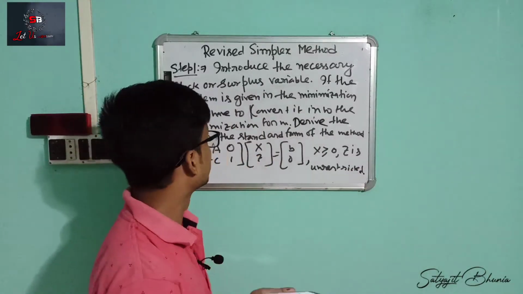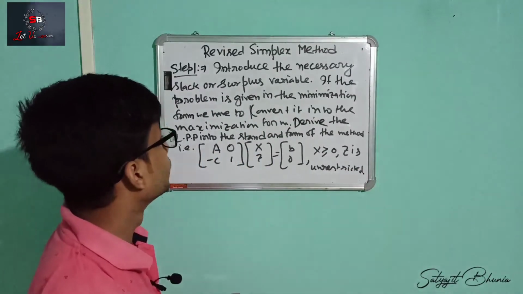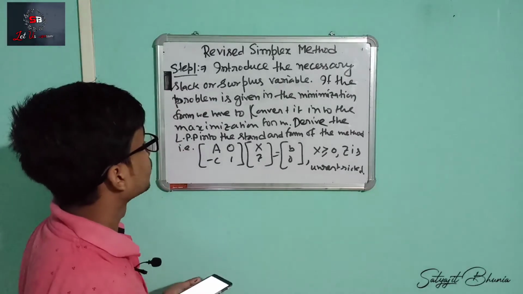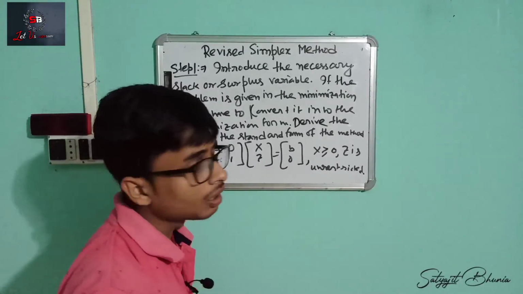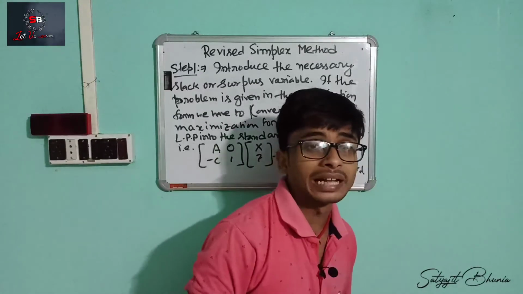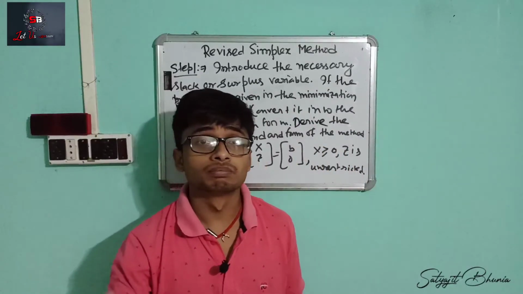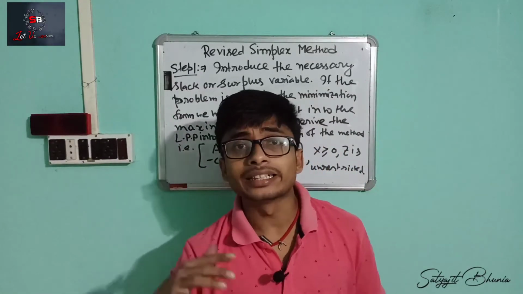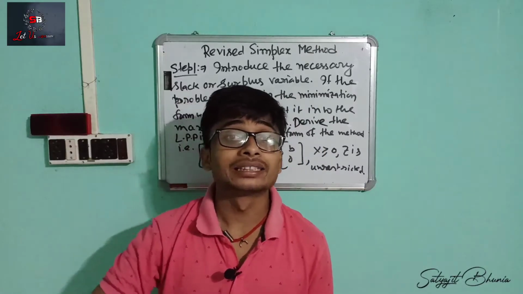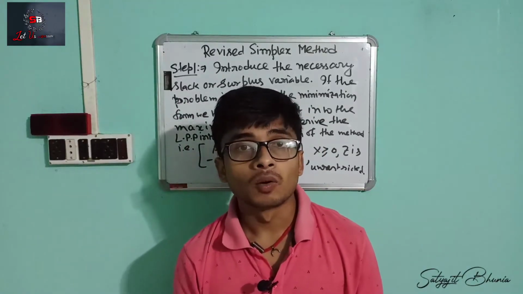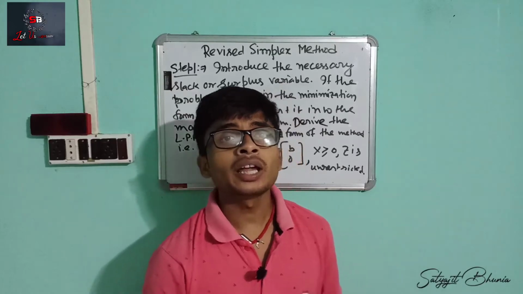So this is the standard form for the revised simplex method. In this method, we will treat z, the objective function, as a variable of the problem.